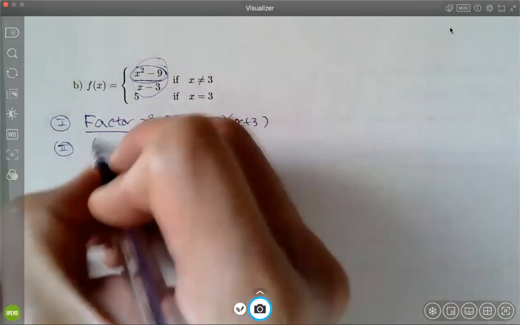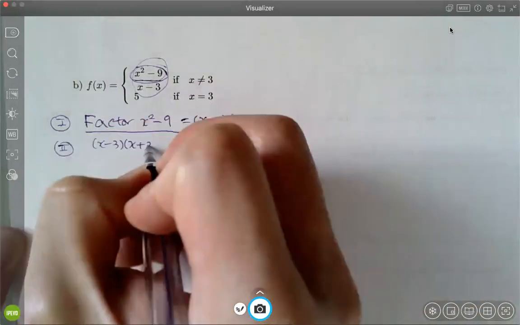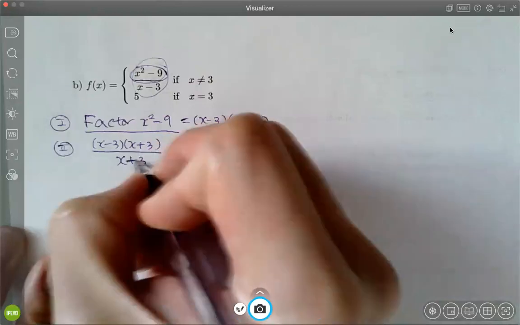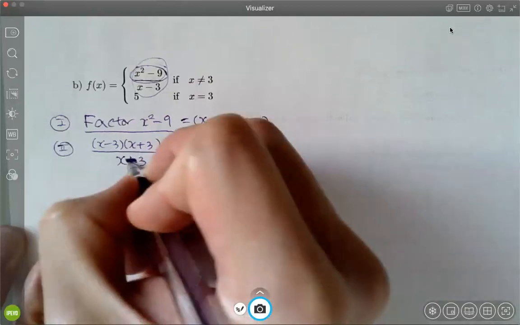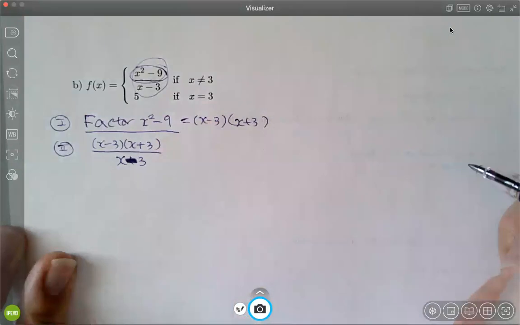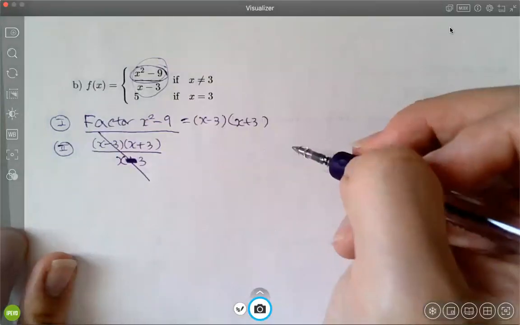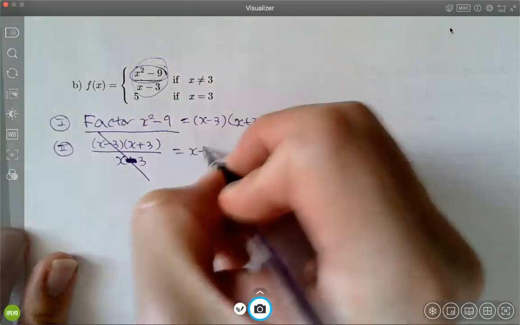Because we have x minus 3 times x plus 3, all over x minus 3, right? And now, do you see a way to simplify? Yes, which is what? X minus 3 cancels, right? Okay, so what do you have? Just x plus 3, right?